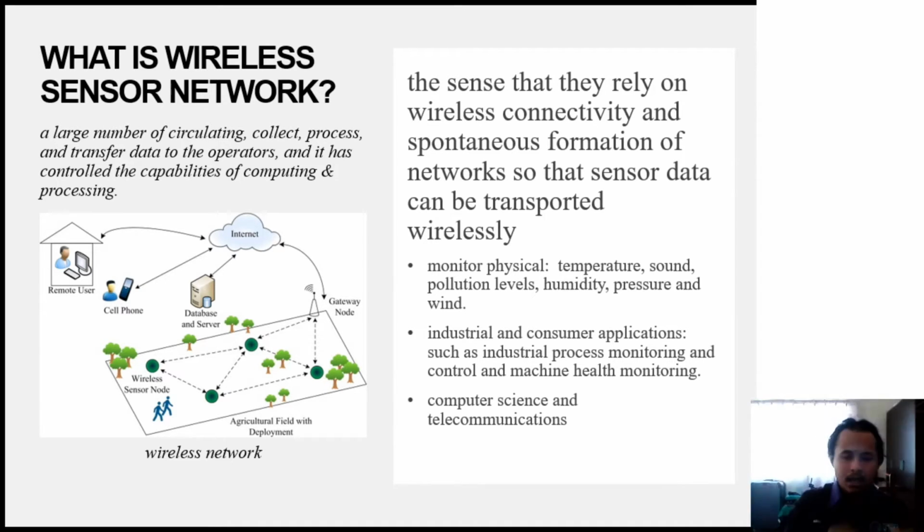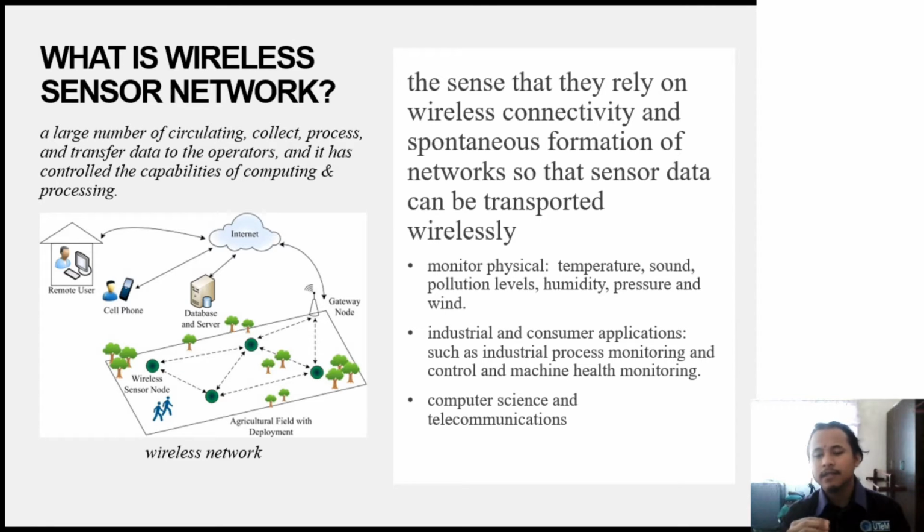To have an internet connection, we need a medium, but in this case, with wireless, a cable is not used. So the sensors rely on wireless connectivity and the spontaneous formation of a network so that the sensor data can be transported wirelessly.